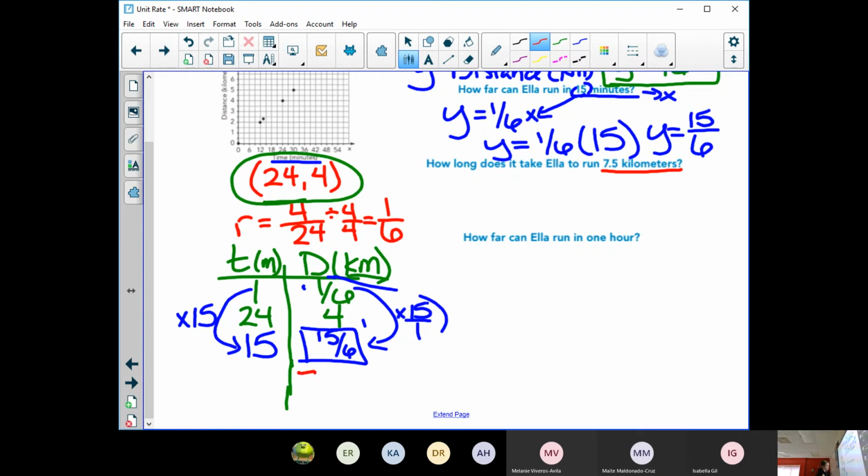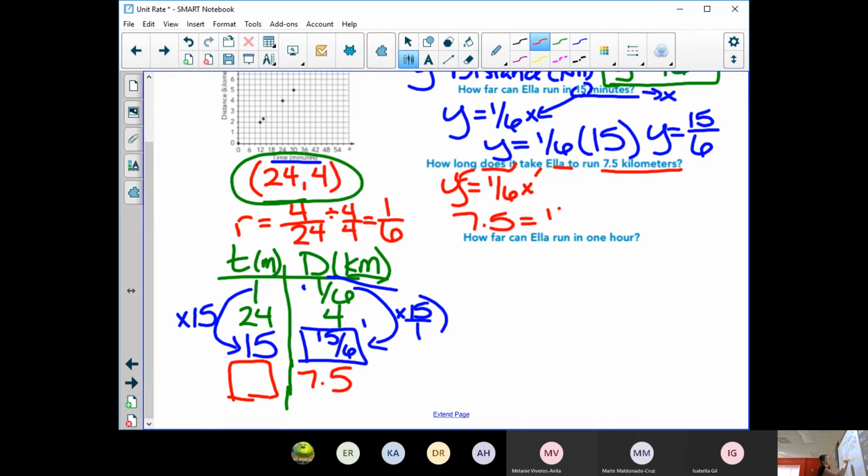So now we know she went 7.5 kilometers and want to know how long that is going to take her. So is kilometers my x value or my y value? It is my y. So I'm going to take 7.5 and substitute it for y in the equation and rewrite it.